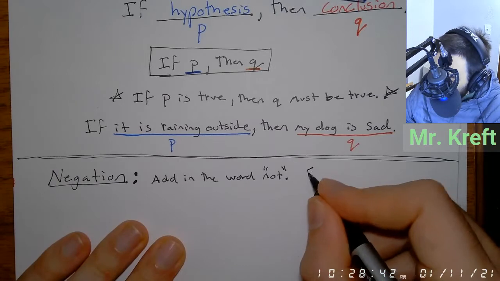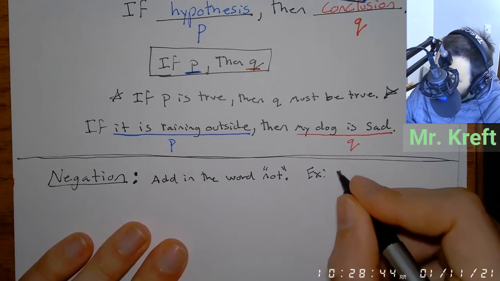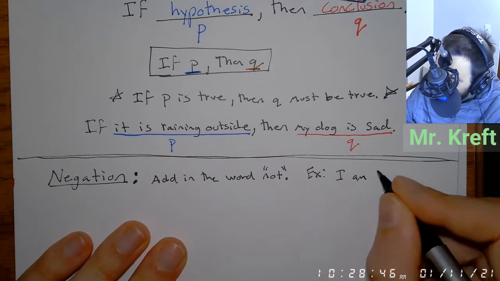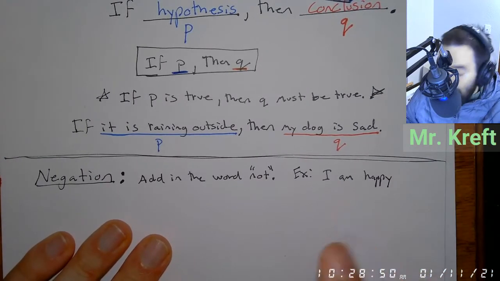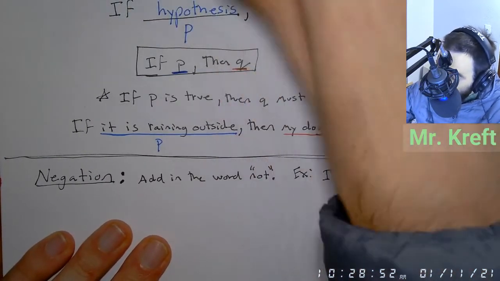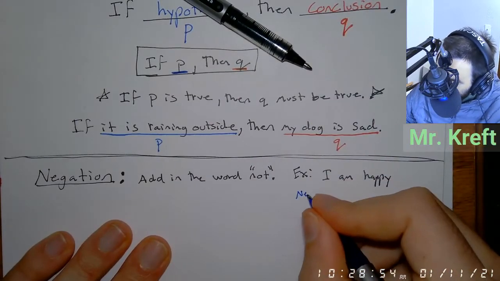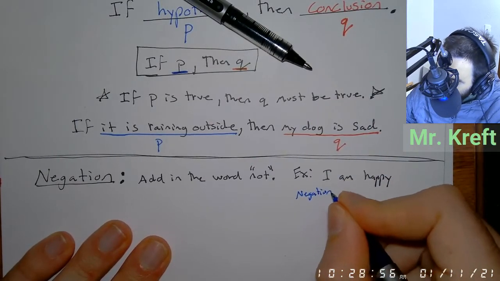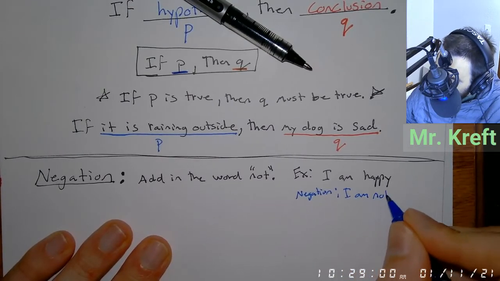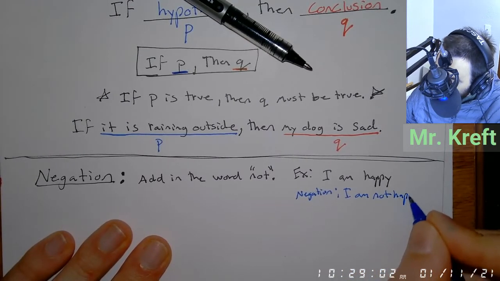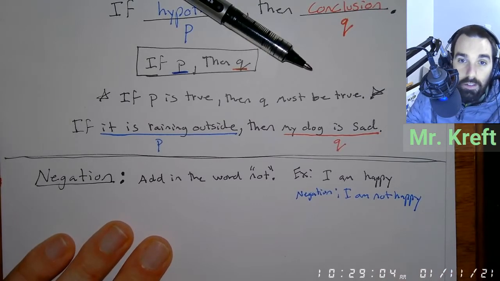So let's do a quick example of this. I am happy. Okay? So there is I am happy. And then if we want negation, it would be I am not happy. Okay?